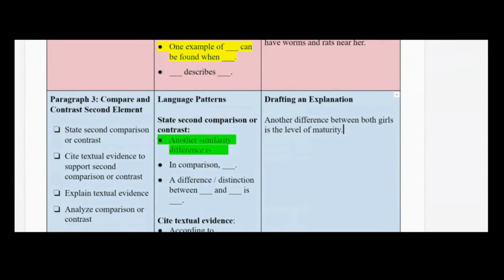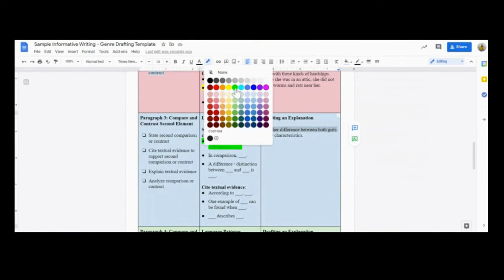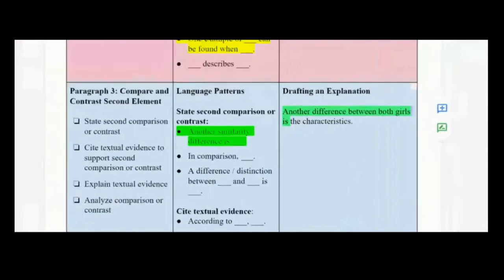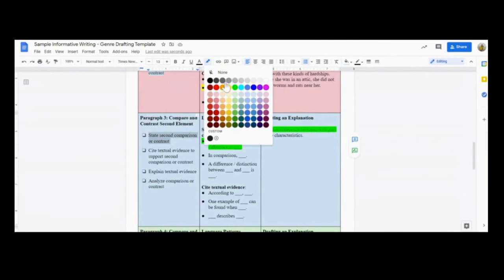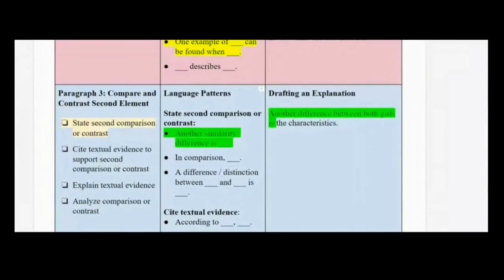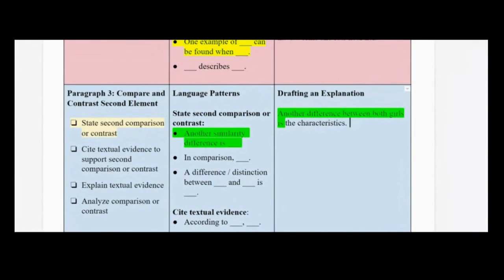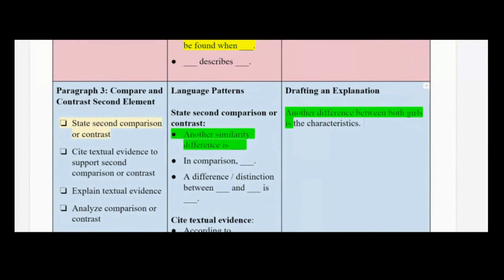Actually, let's say that so that you guys don't get confused. Is the characteristics. The first sentence should always be the easiest. What's the second thing? Literally, the second thing is blah, blah, blah. Yellow, no problem, Evelyn. Another difference between both girls is the characteristics.